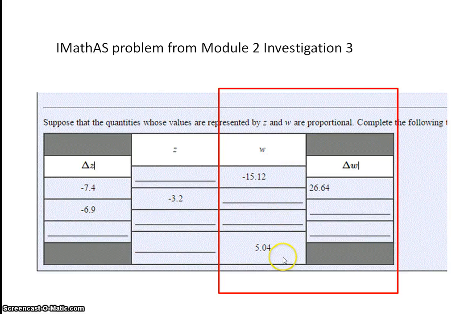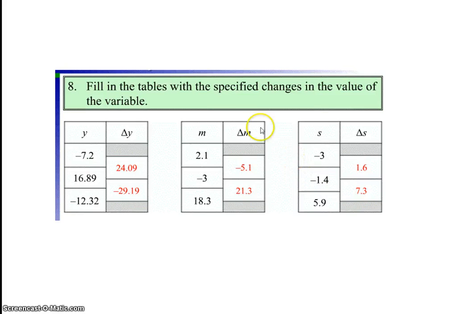Now if we just pay attention to the last two columns, then we end up with a list of W values, and we analyze the change in W from an initial to a subsequent value of W. There's a change of 26.64, and there are a lot of blanks here to fill in. We've done a lot of these W, delta W charts, though we might have called them X, delta X or Y, delta Y. We simply found a second value and subtracted a first value, and Y final minus Y initial would have been the change in Y right here.